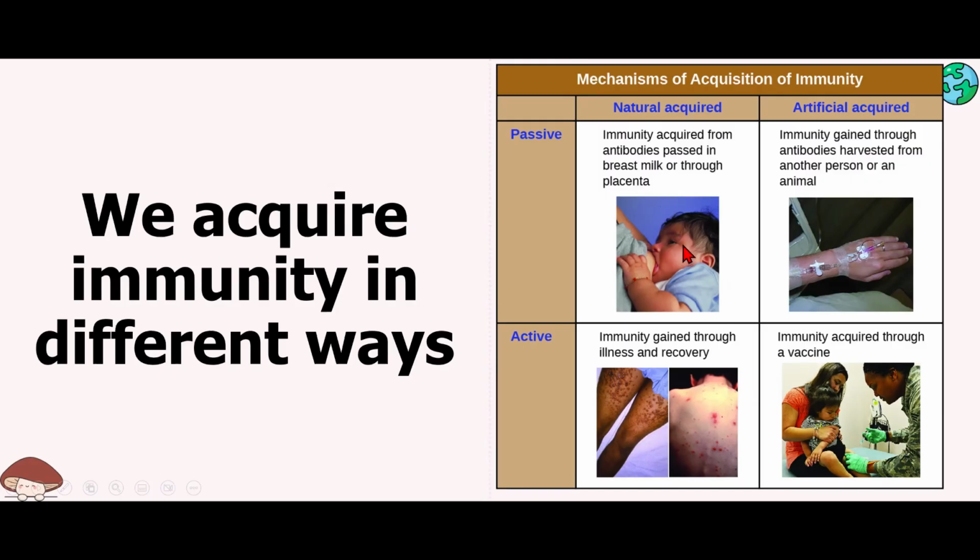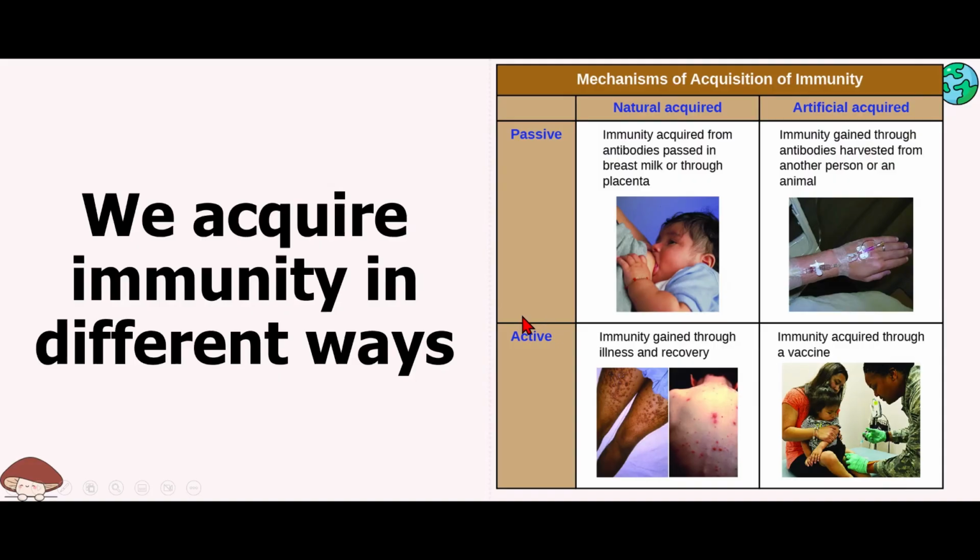So babies basically receive a nice dose of antibodies from their mother, and this protects them temporarily. There's also artificial acquired passive immunity, where a person can just acquire antibodies from another through a plasma transfusion. We're just giving people antibodies.